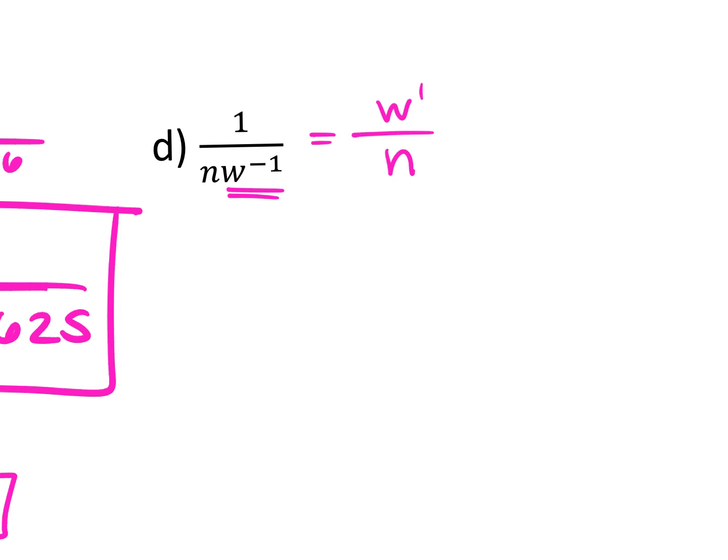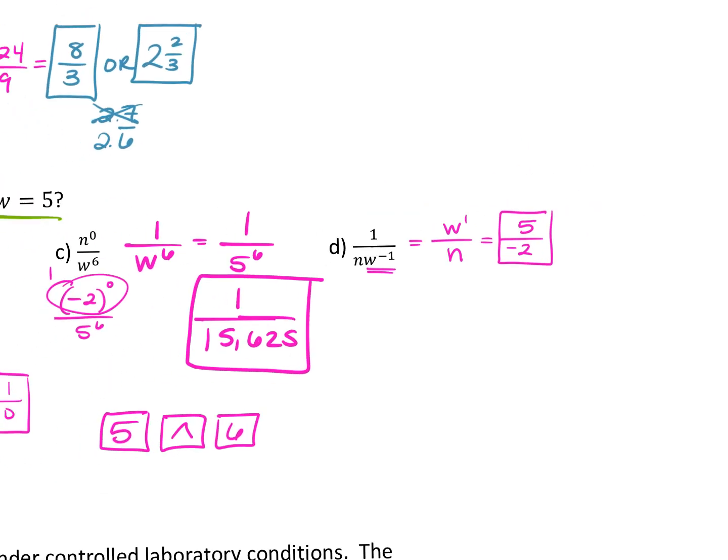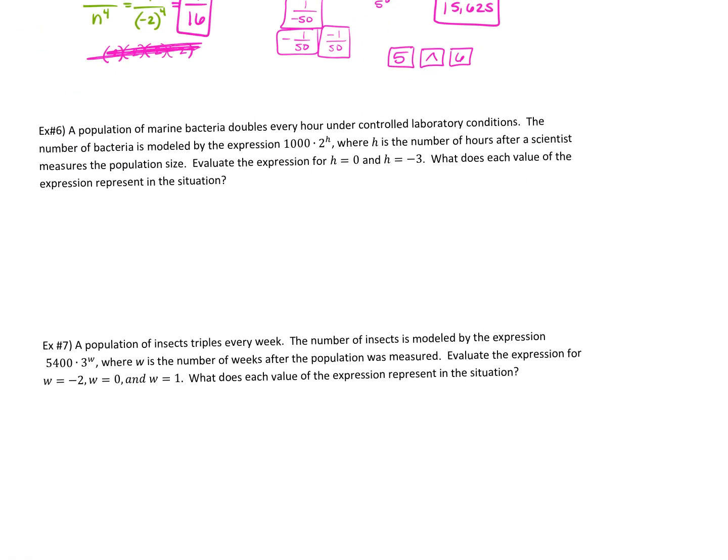The 1 essentially goes away because when you multiply by 1, it doesn't change anything. So then your W is 5. Your n is -2. So that is as simple as you need to make it. Technically, I guess you could call it a -2.5, but improper fraction is fine. Okay? Good on that? Okay. Now you can go if you want to.